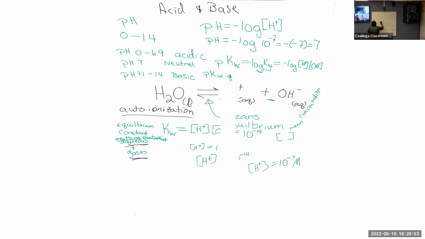And if we know the rules of logs, we get minus parentheses log, and when it's multiplied, it's the same thing as saying log of H plus plus the log of OH minus. We know that minus log of that concentration is just equal to pH.